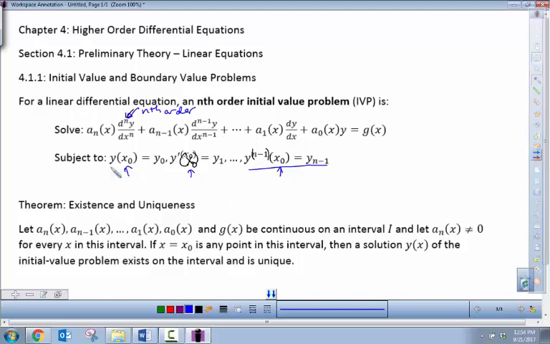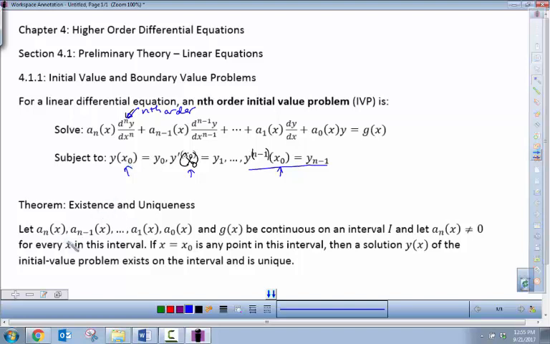Okay? And we can look at the original function as if it was like the zeroth derivative. Technically, you're not taking the derivative of it, so it's the original function. So if you look at it that way, a lot of these things can be written nicely. So that's your IVP for your nth order differential equation.